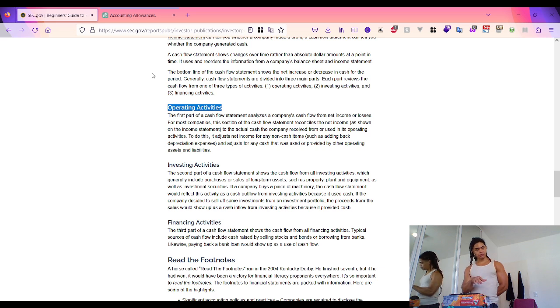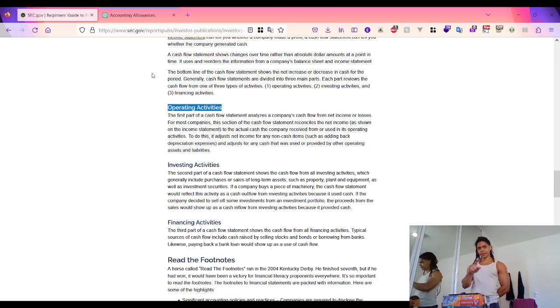Another example is stock-based compensation, where a company issues stock options or awards to its employees, which have value, but there is no cash transaction involved.